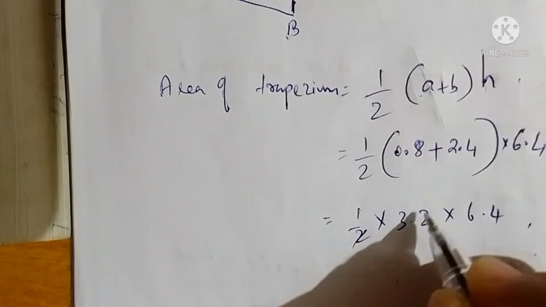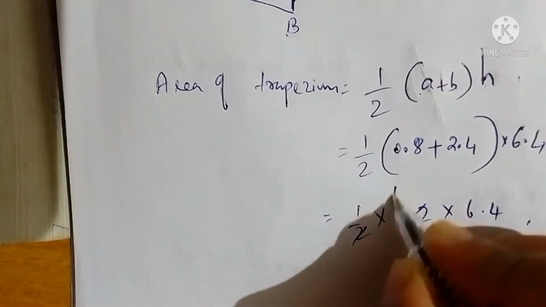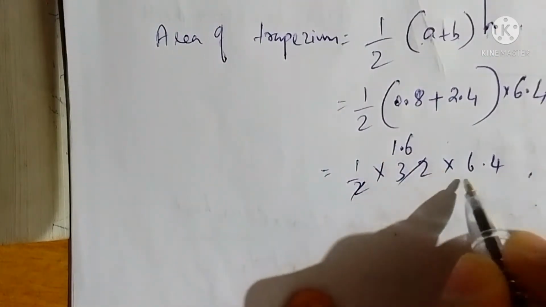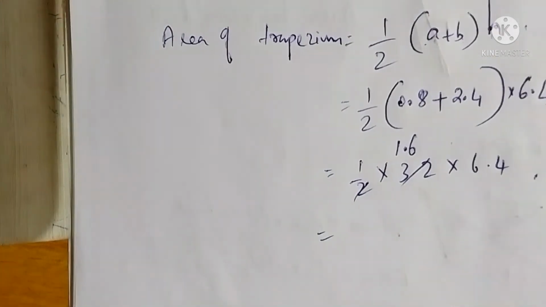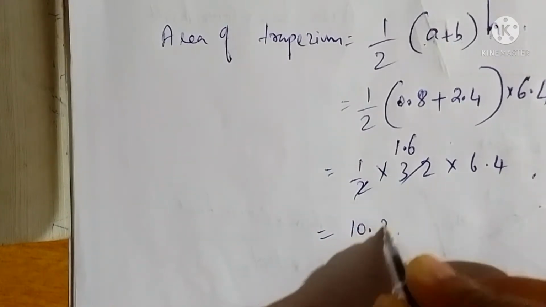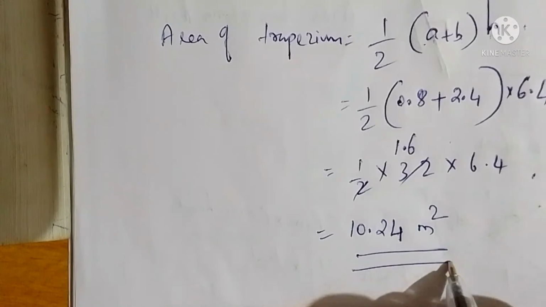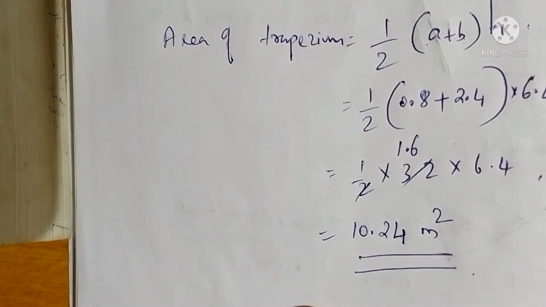Now this 2 and 3.2 we can cancel. You will get 1.6. Now find the value of 1.6 into 6.4. You will get 10.24 and the unit will be meter square. So this is the area of trapezium, area of that cross section.